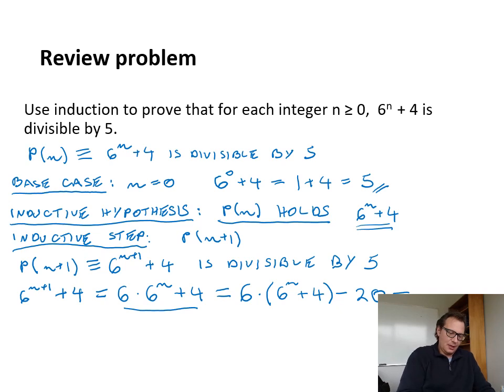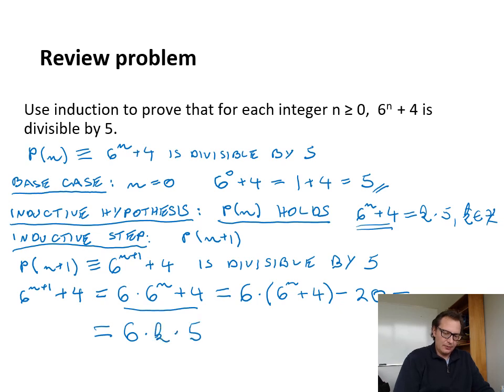Okay, so from here, we can now plug in. We know that 6 to the power of n plus 4 is divisible by 5, which means that that is equal to some k times 5, where k is an element of Z. That's from our hypothesis. And so if we plug this in, we get that this is equal to 6 times k times 5 minus 20.